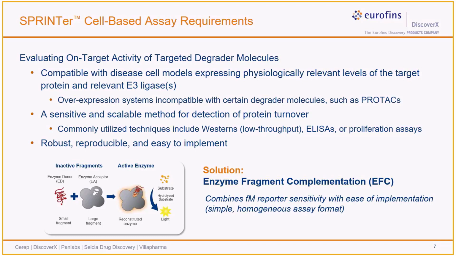It is a split beta-galactosidase system in which the enzyme has been broken into two fragments. One is an enzyme acceptor, EA, and the other is an enzyme donor, ED. Separately, the fragments are inactive, but combined, they form an active enzyme that hydrolyzes a substrate to produce a chemiluminescent signal that could be easily detected by a simple plate reader instrument.